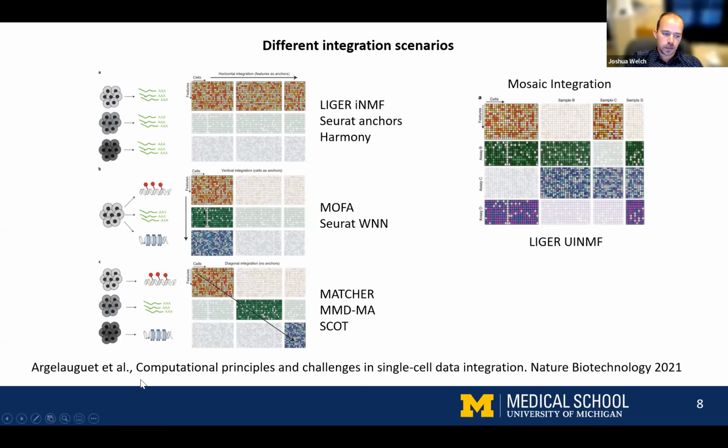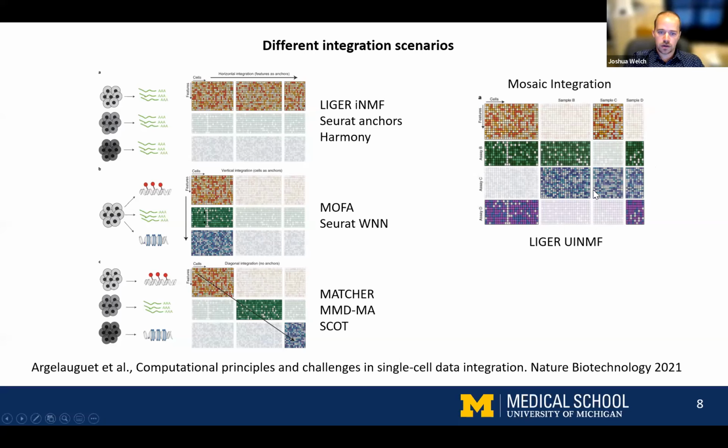And then in this Nature Biotech review paper, the authors identified a fourth type of data integration, which is sort of a mixture of horizontal, vertical, and diagonal integration. And they called this mosaic integration. And the idea is basically that in mosaic integration, you have shared features in some cases and shared cells in other cases.